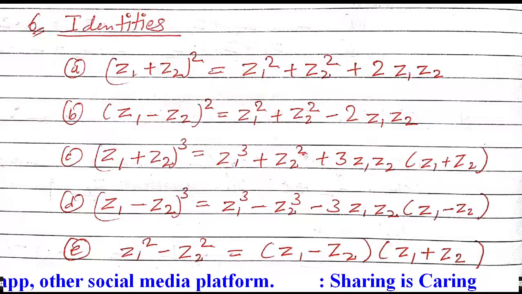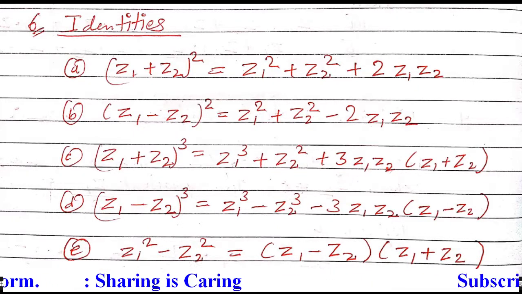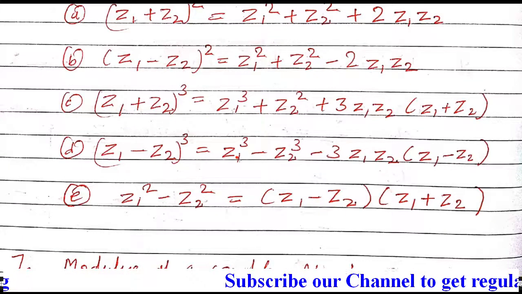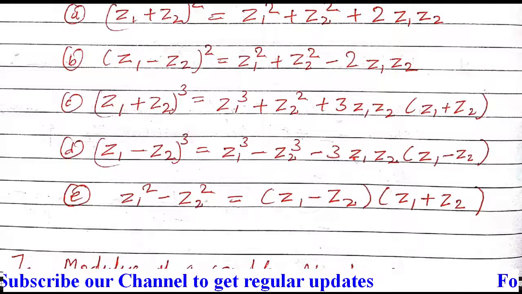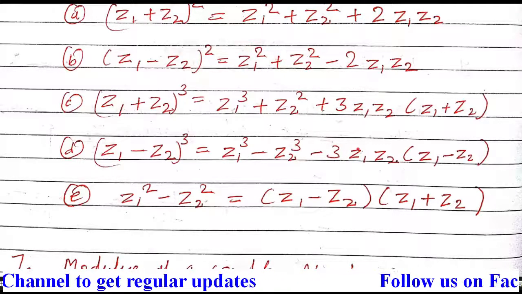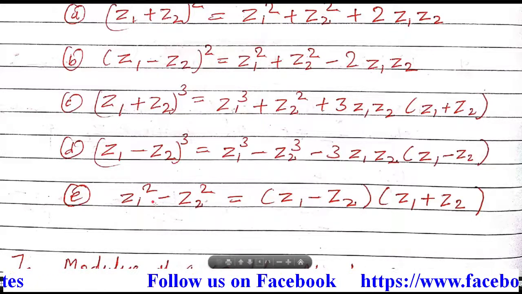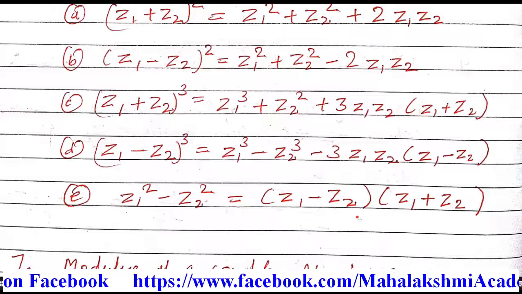So make it correct here. Then in the same way z1 minus z2 whole cube is z1 cube minus z2 cube minus 3 z1 z2 multiplied by z1 minus z2. And it will work as a square minus b square. A square minus b square is a minus b and a plus b.